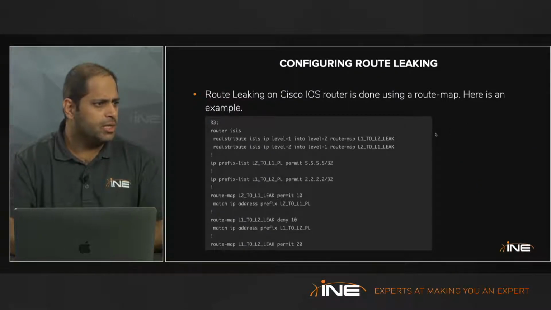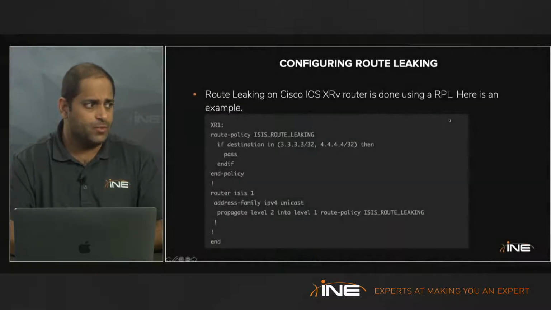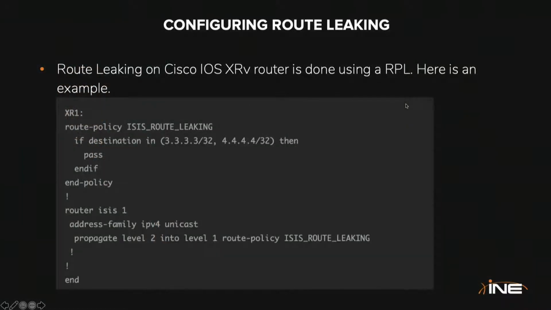What we would do is we will take 6 IOS XE routers, and we would take 2 XR routers. XR routers use route policy for achieving the same thing. We would basically configure routing policy language, so basically an RPL. So if you look at this example, I have a route policy configured called ISIS route leaking, which says if the destination includes 3.3.3.3 or 4.4.4.4, then pass, then end the if, and then end the policy.